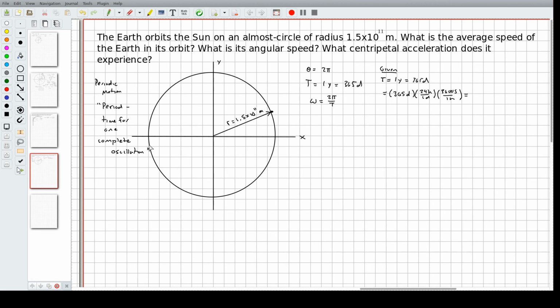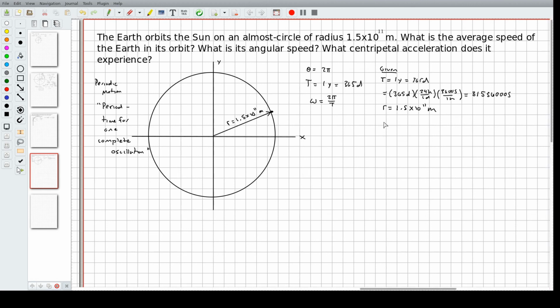Actually, 31,536,000. So I'm going to write the full number out. This is how many seconds are in a year. We also know that the length of this orbit, its radius, is 1.5 times 10 to the 11th meters.